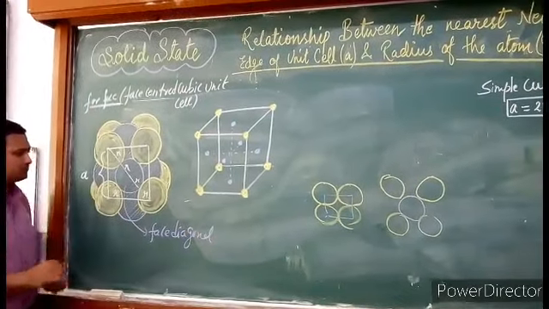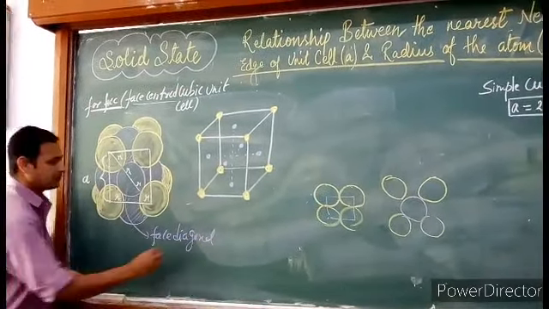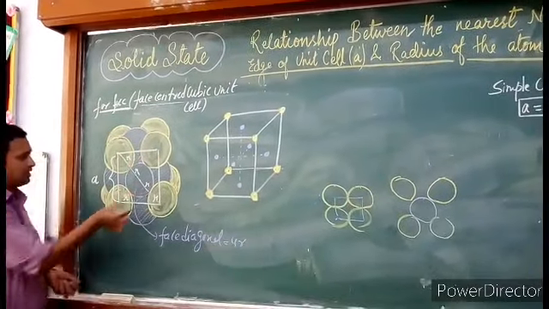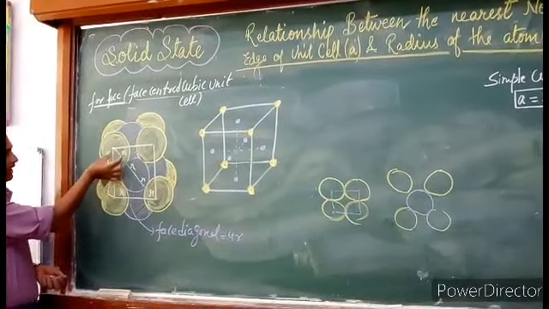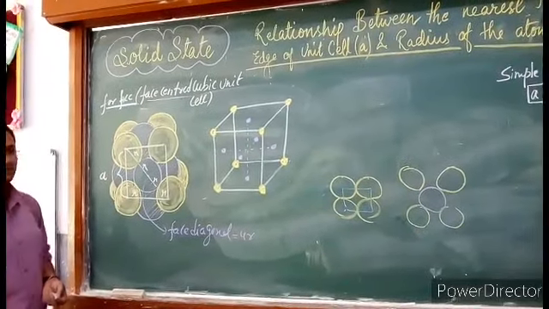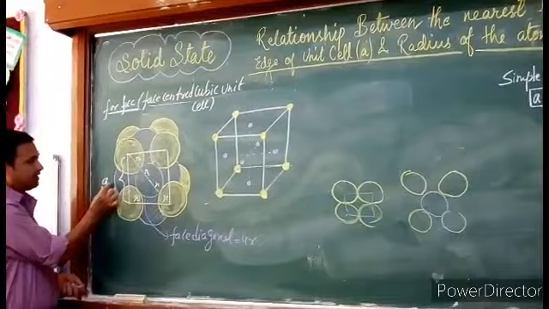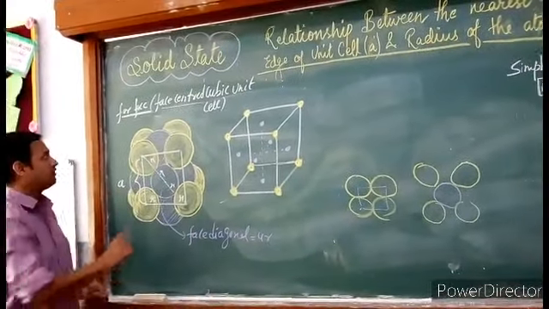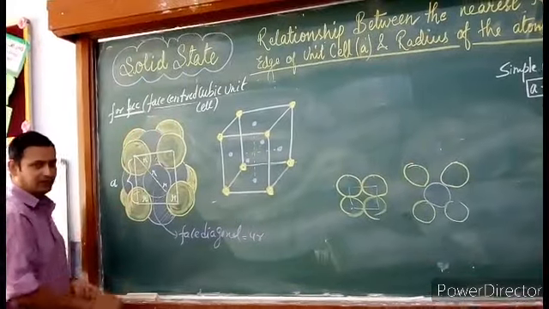So the face diagonal becomes how much? 4 times R. R and R, 4R. Now we are going to establish the relationship between A and R, edge length and R, for face-centered unit cell.